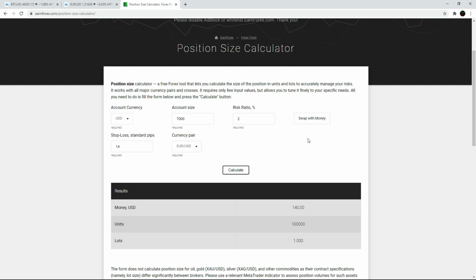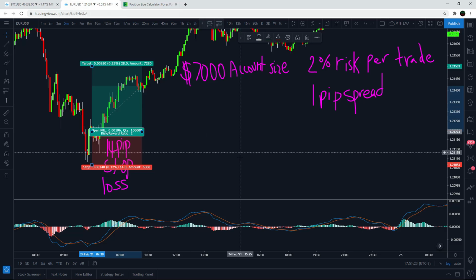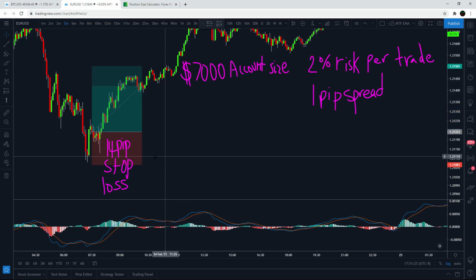So 140 down here, that is what you're actually risking out of your $7,000 account size, because 140 is 2% of 7,000. And then 100,000 units, 1 standard lot. All right. So those are the methods you can use to calculate it with pips.